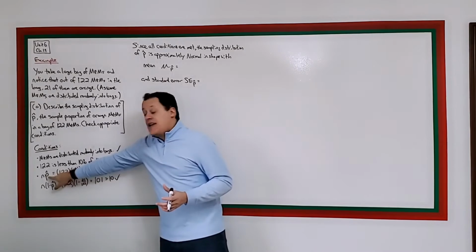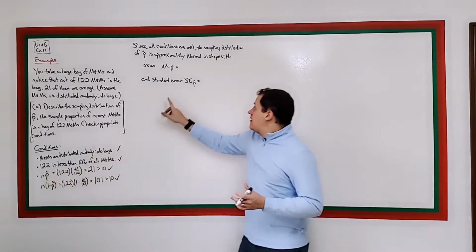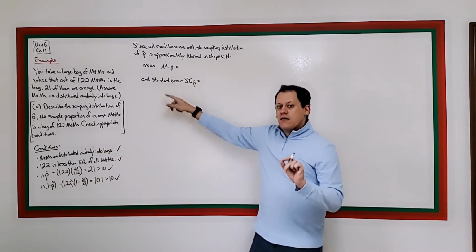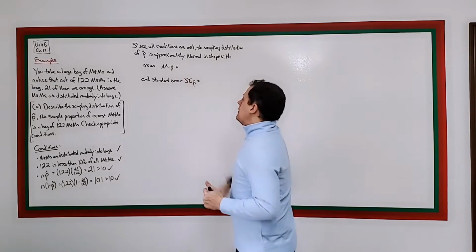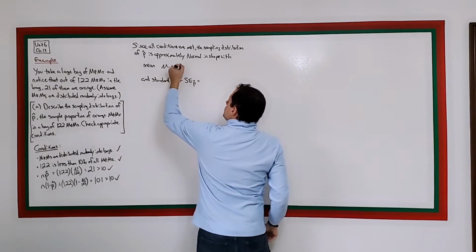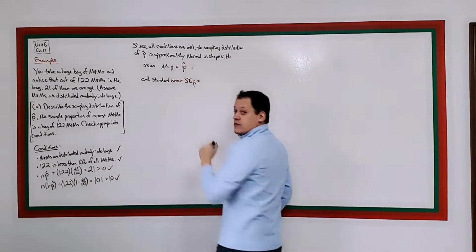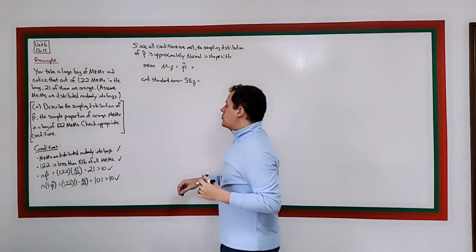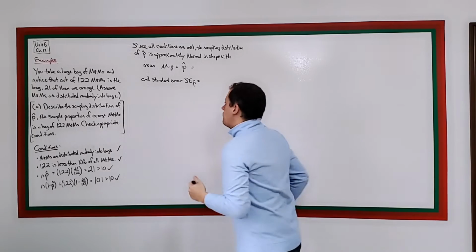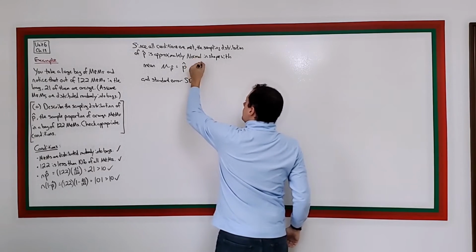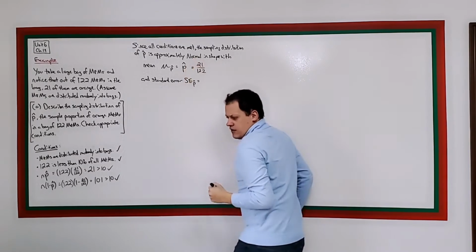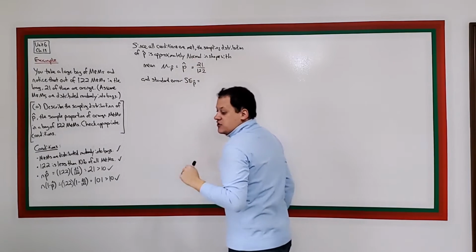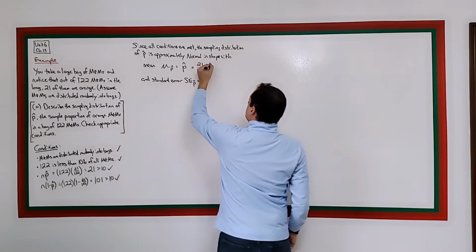If we're using p hat to check this condition, this is going to be the standard error, not the standard deviation. The mean of this sampling distribution is just going to be p hat, right? Because that's our best estimate of p in this case, which is going to be 21 out of 122. Do I have a decimal approximation for that? I do. That's about 0.172.